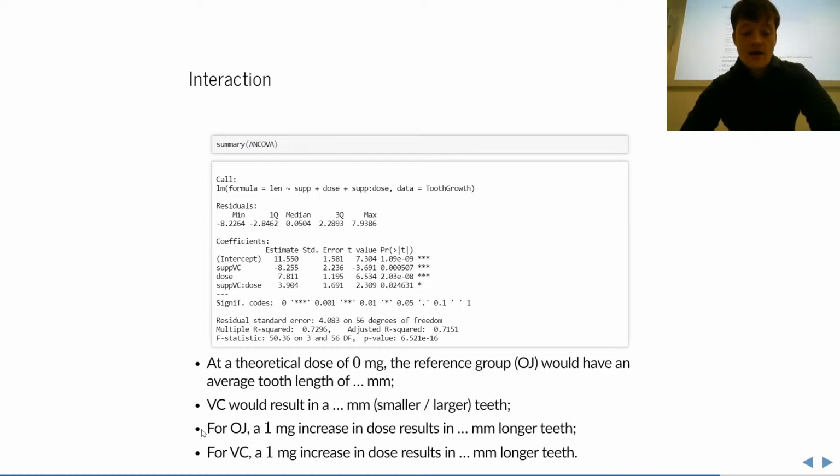Now, if you take orange juice, which is the reference group, then if I have a 1 millimeter increase in dose, how much longer do I expect the teeth to be? I'm going to let someone else answer now. Anyone else?